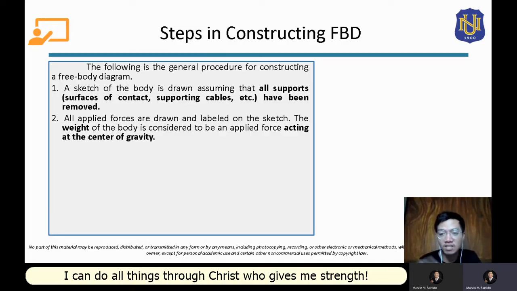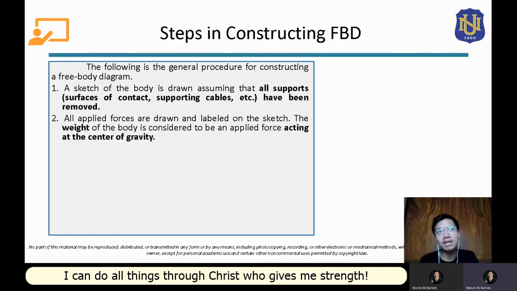Again, applied forces are the forces that are not provided by the support. They are external forces that are applied on the body. The weight of the body is considered to be an applied force, and it always acts at the center of gravity of that body.